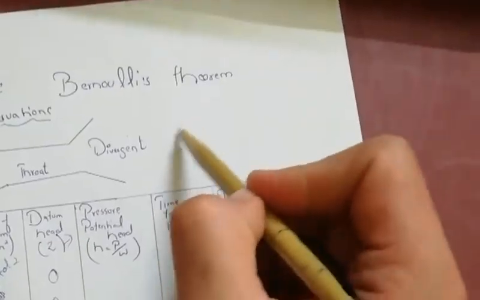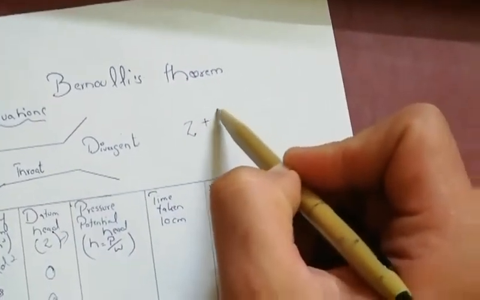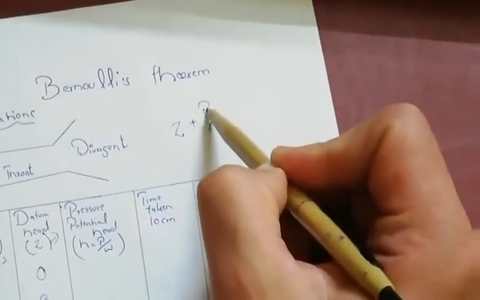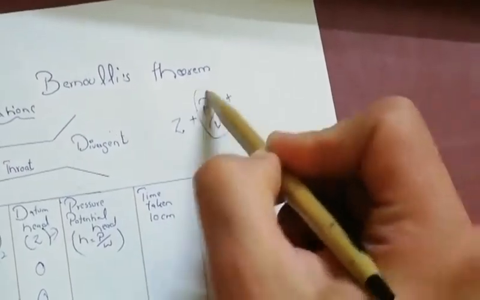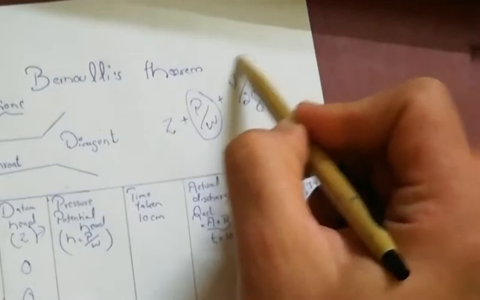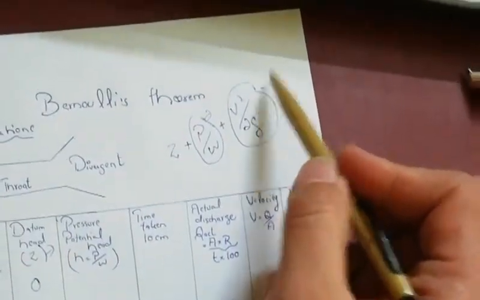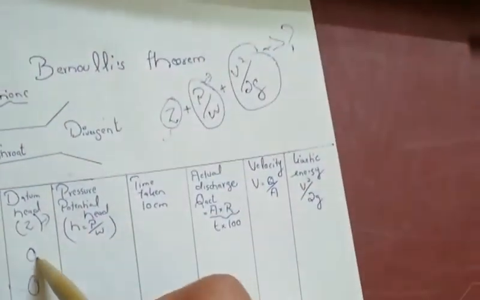As we already know, Bernoulli's theorem is the datum head plus rho into gamma, which is the potential head, plus v squared by 2g, which is the kinetic head. So the potential head is going to be found, the kinetic head or kinetic energy has to be found, but we have a datum which is equal to 0 here.